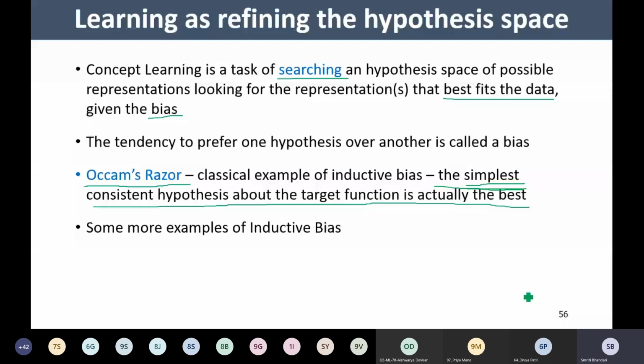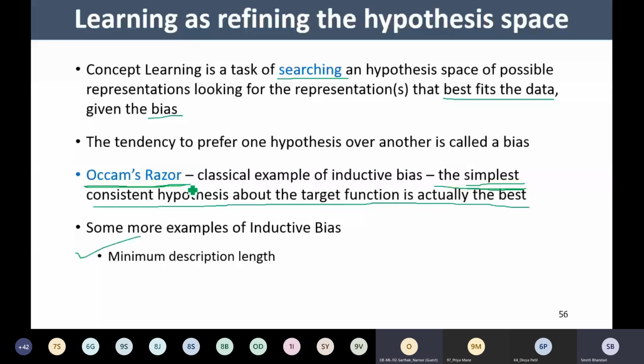Some more examples of inductive bias I am quoting here. We are not going into the details of any such inductive bias right now. What is Occam's razor? It is just one concept, just one guideline about what kind of hypothesis is suitable for a kind of data. It is a guideline proposed by Occam, and that is why it is called Occam's razor.